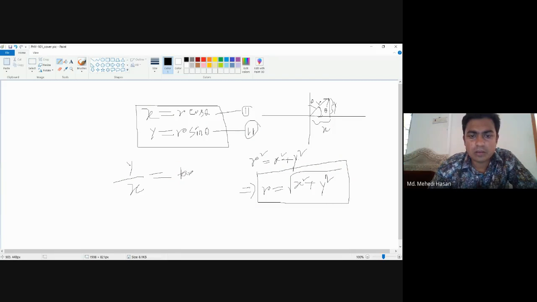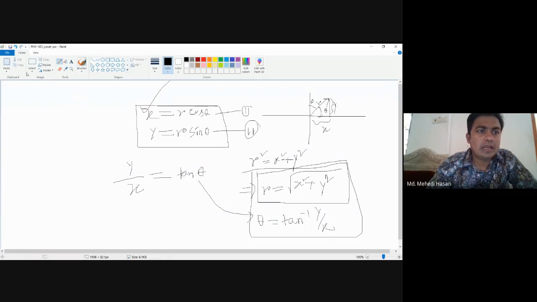Finally, theta is equal to tan inverse of y by x. Here y represents the y component of the vector and x represents the x component of the vector. So this is the procedure to convert Cartesian to polar, and this is the procedure to convert polar to Cartesian. This is the main procedure. Now let's solve a problem related to these topics.